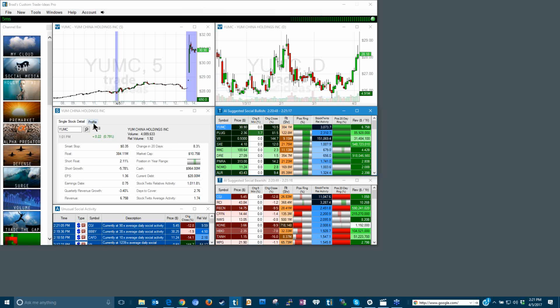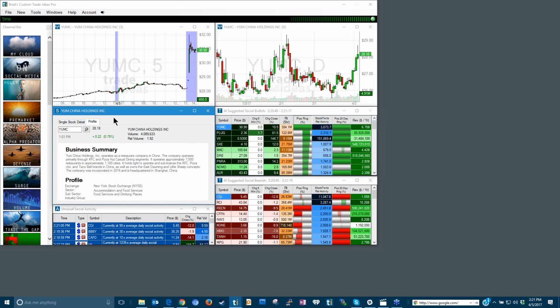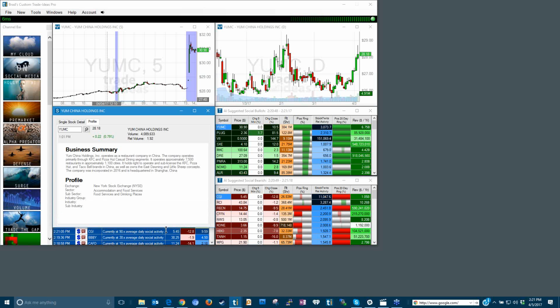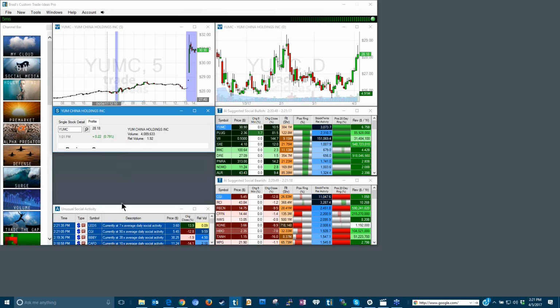And then over here on the single stock, this profile here, I can click that and I can get a good quick description of what that stock is, what does that company do? Take a look at exactly where it trades, what exchange it trades on, and then what sector, subsector, industry group, or sub-industry group it falls in. And then I've got my streaming window down below, just giving me some additional information.